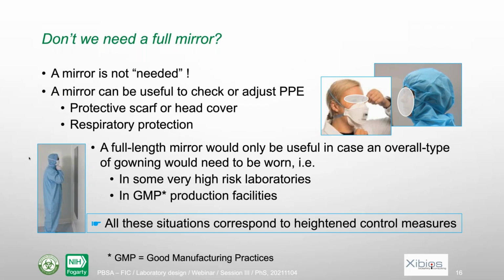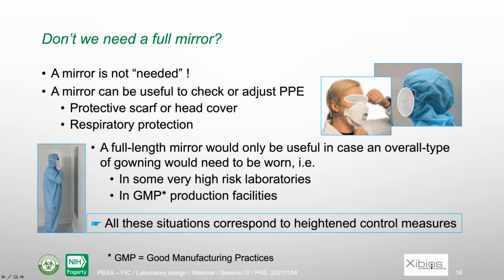Another question was, don't we need a full mirror? The first thing I would like to say is that a mirror is not needed. It's nice to have, it's not a core requirement, but it's also not expensive. So if it's useful, why not? A mirror would be mainly useful to adjust things like a respiratory mask or a head cover. And for that, you don't need a full-length mirror. You would only need a full-length mirror if you have a kind of overgrowing like this one.